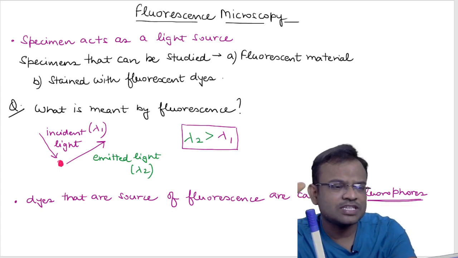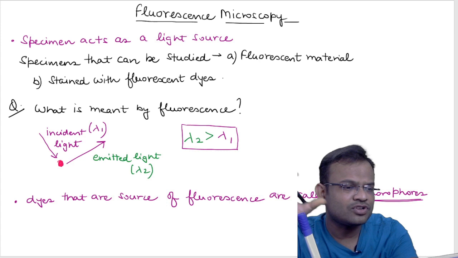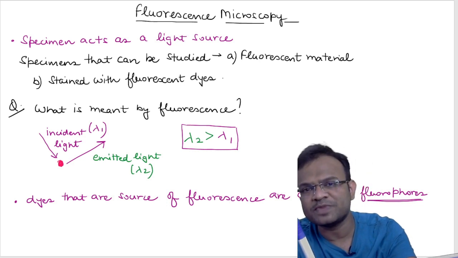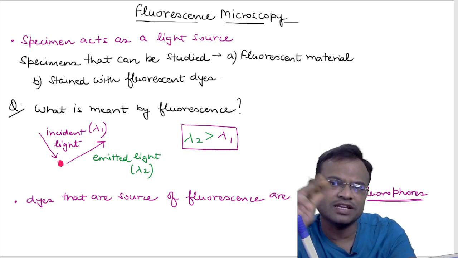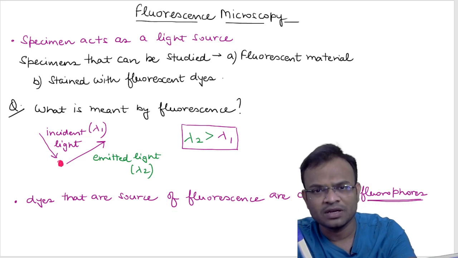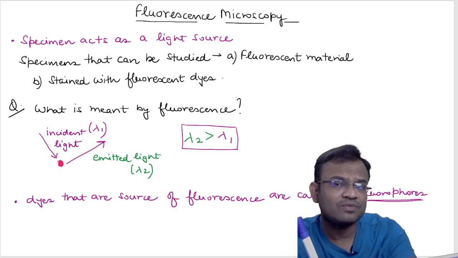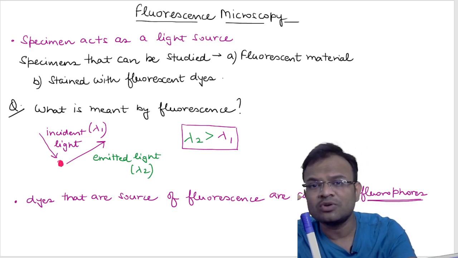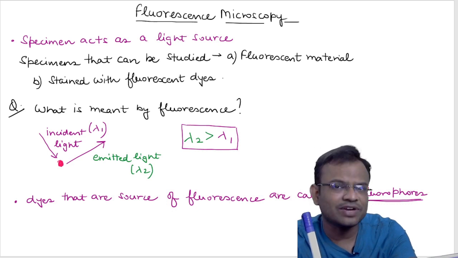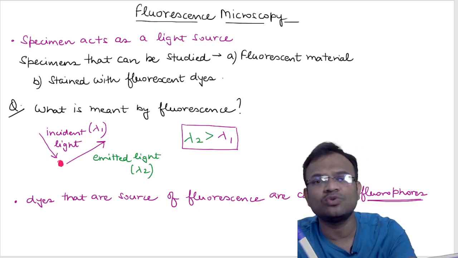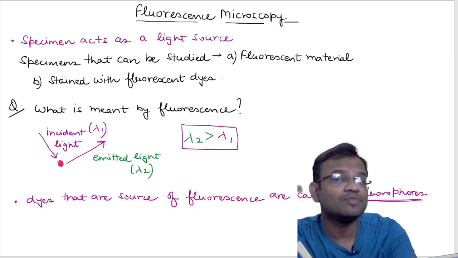Now, the specimens that can be studied are of two types. Basically, you can divide the specimens that can be studied through this technique into two broad areas. If you remember, when we were talking about normal light microscopy or bright field microscopy, we said that we can only use specimens that have been stained.